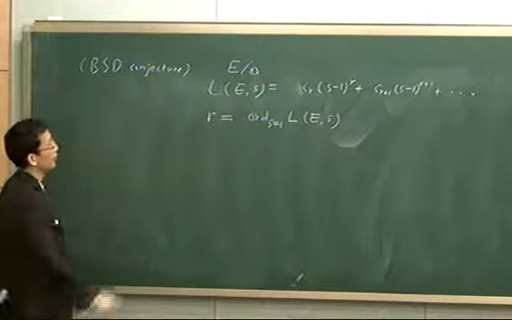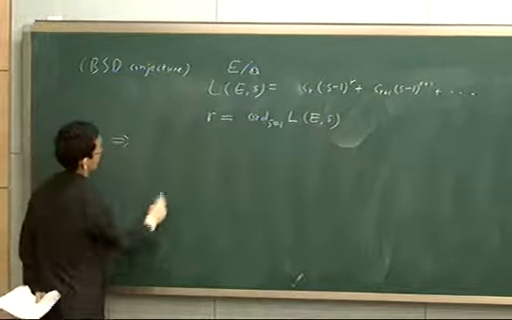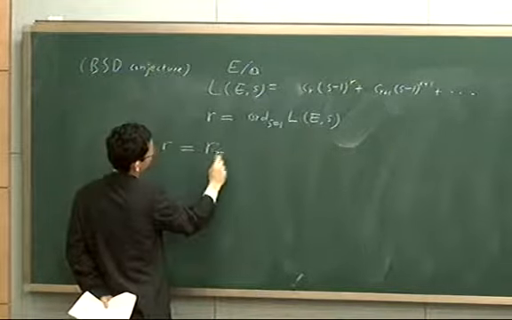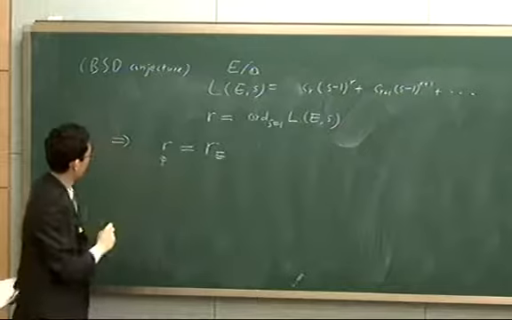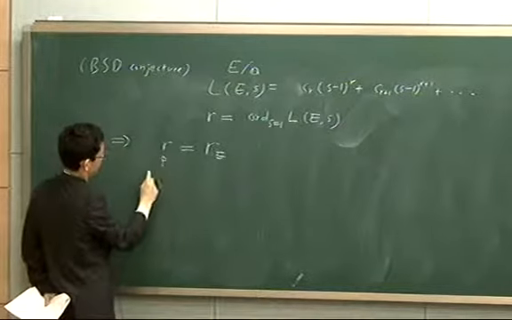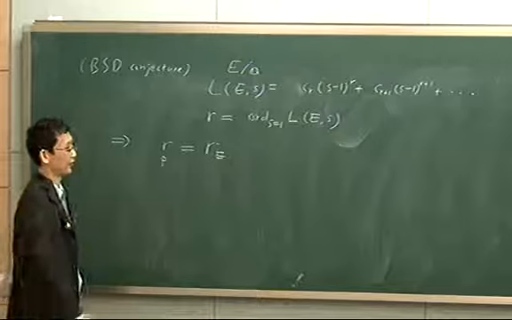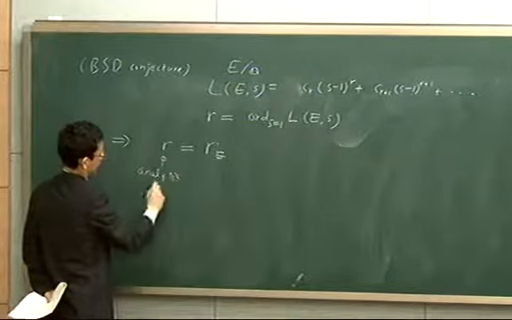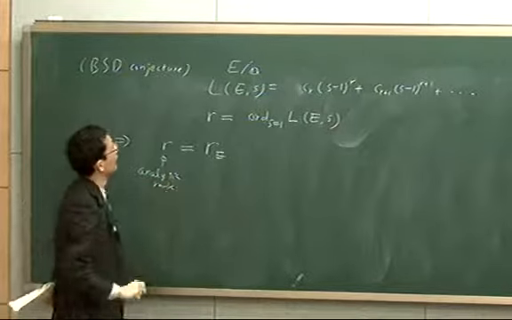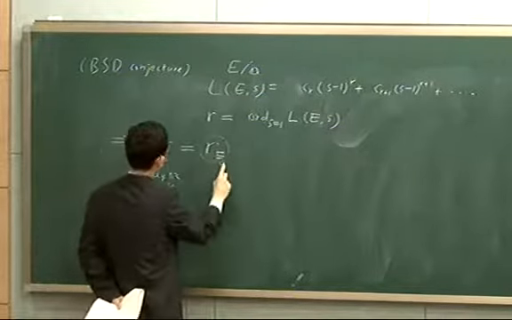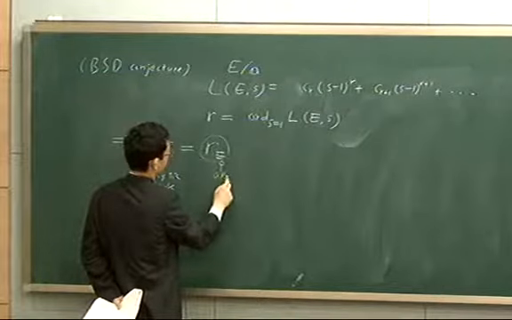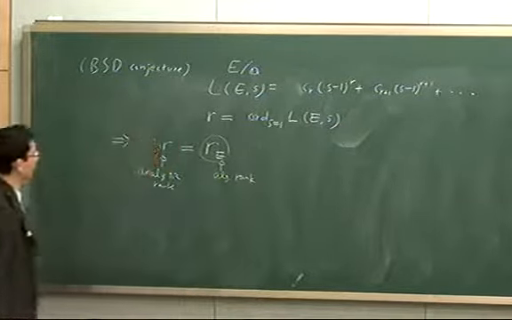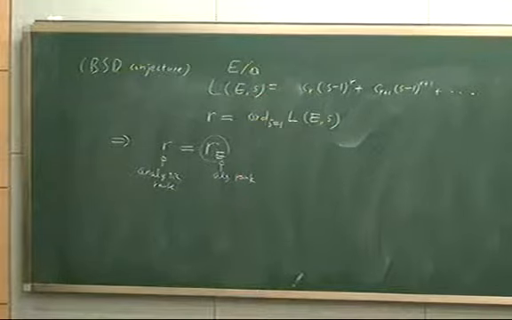And the BSD conjecture implies that r is equal to the rank of the elliptic curve. We call the r from the L-function the analytic rank, and the rank is called the algebraic rank. So the BSD conjecture implies that the analytic rank of an elliptic curve is equal to the algebraic rank.